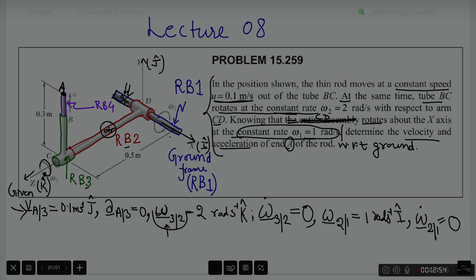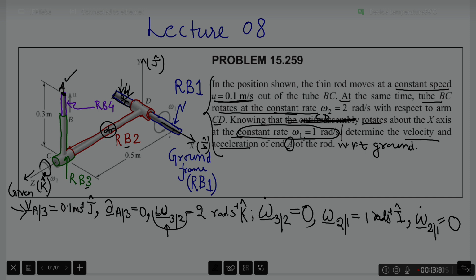So we have an assembly of rigid bodies. Our observer is fixed to ground and he wants to know the velocity and acceleration of this point. As seen by this man, the velocity and acceleration of A is not straightforward. Indeed, the motion that A executes, as seen by this observer, is a complicated three-dimensional motion.